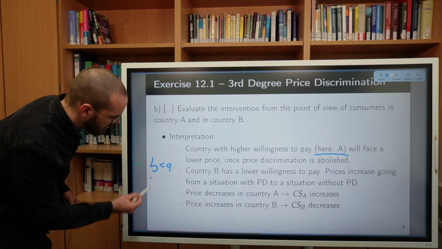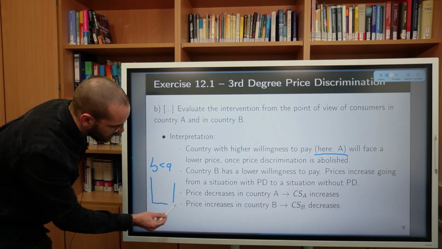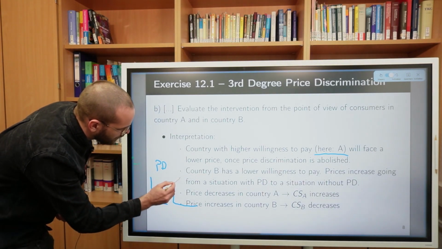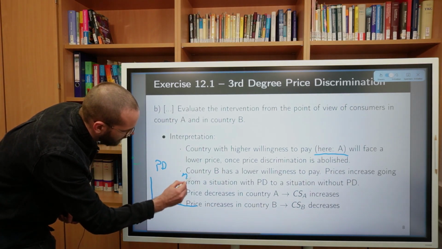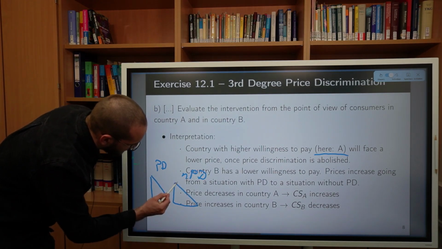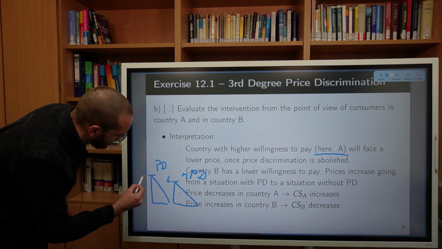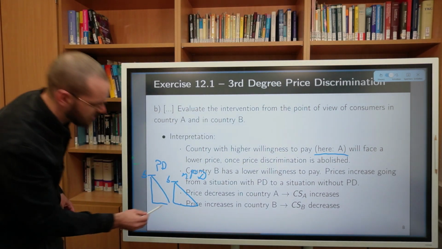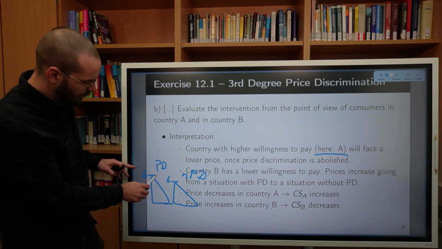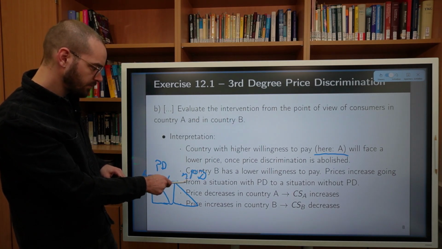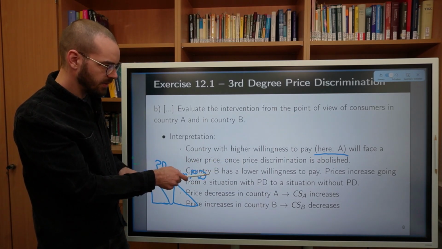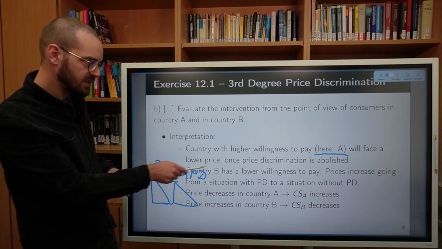So when comparing these two market scenarios, one with price discrimination and one without price discrimination, there's the same demand function because we are now considering market B, so each time the maximum willingness to pay is exactly B. What we will see is that price increases going from price discrimination to without price discrimination.